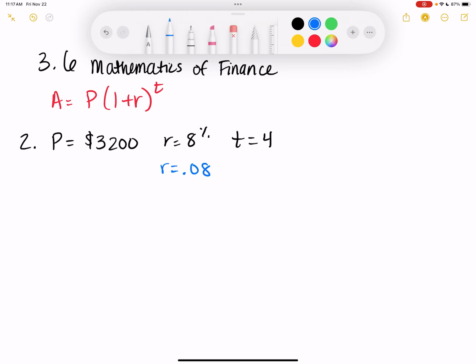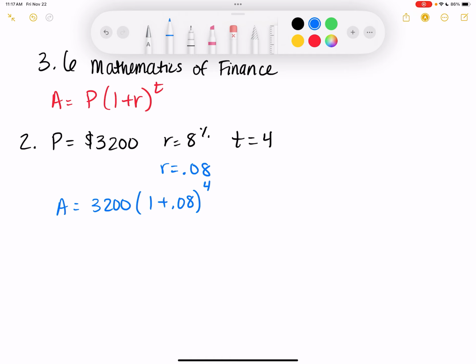And then we simply plug in what they give us to this problem. We're finding A, which is the amount that they have after all of this has occurred. So A equals 3,200 times 1 plus 0.08 raised to the 4th. And then at this point, you just type it in your calculator.